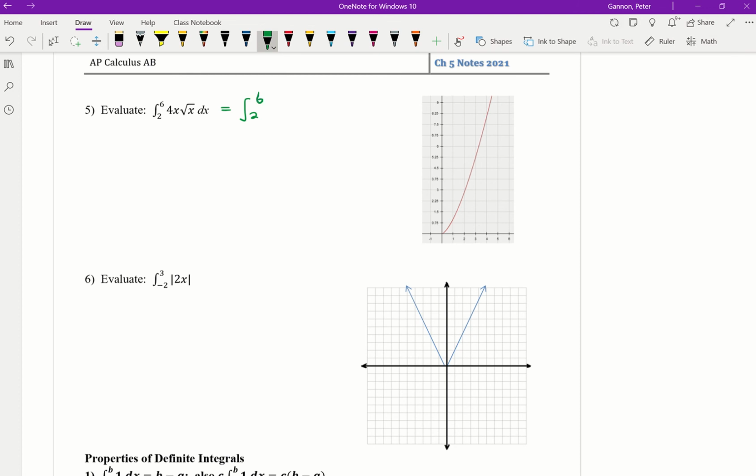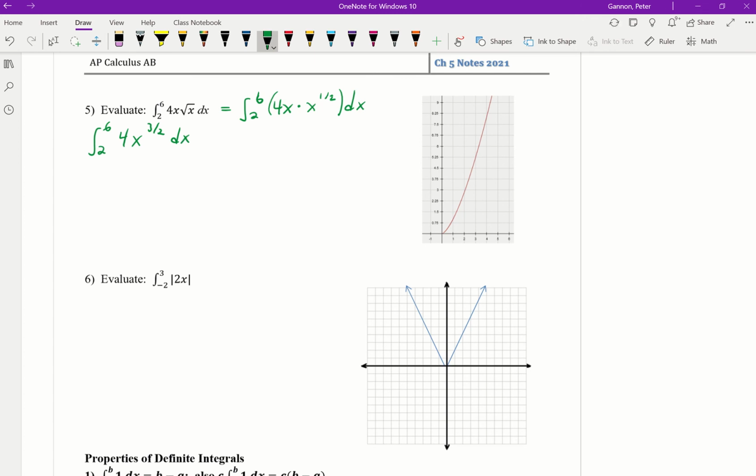So we have the integral from 2 to 6 of 4x times root x, which is the same as x to the 1/2. And then that's all with respect to x, which allows you to rewrite this as the integral from 2 to 6 of 4x to the 3/2 dx.